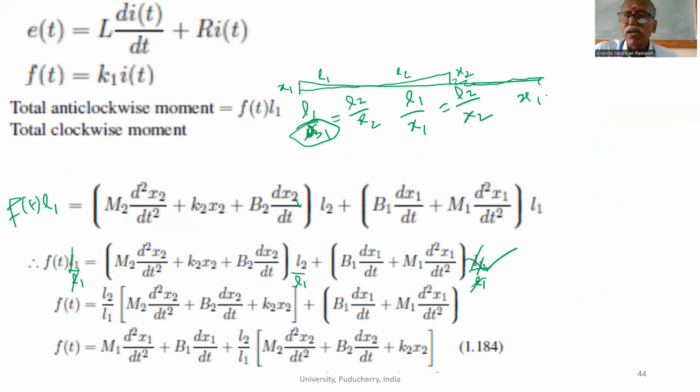Therefore, x1 equal to L1 upon L2 multiplied by x2.